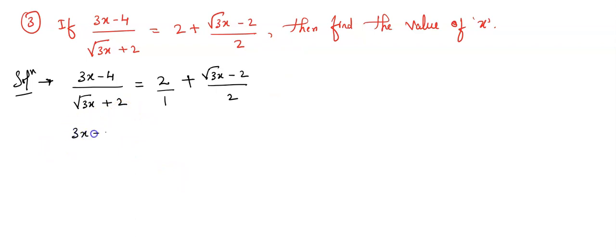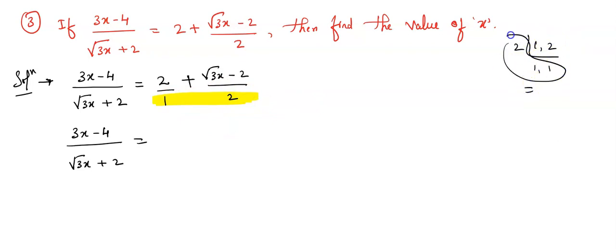That is (3x minus 4) by root of (3x plus 2) is equal to, now see the denominator. What are the denominators? 1 comma 2. 2 ones are 2, 2 twos are 2, so the LCM is 2.